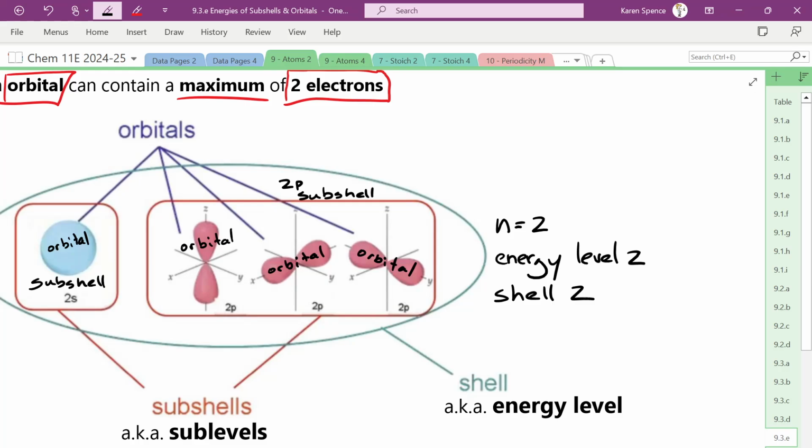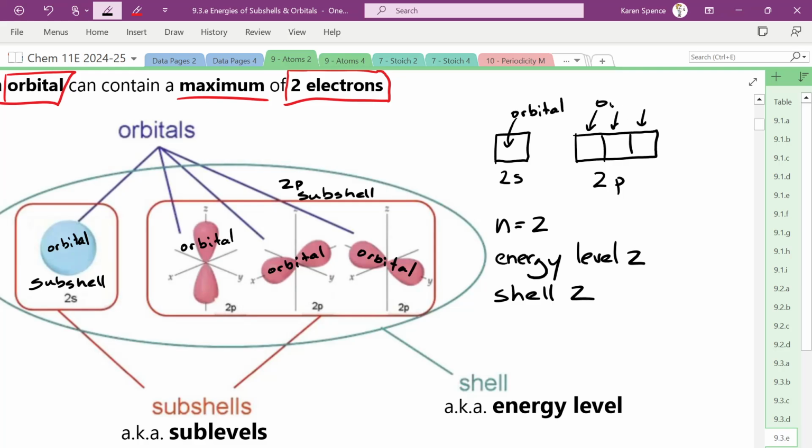And because drawing those gets to be a pain, we can substitute that by drawing the 2s orbital, and then we can draw the 3 2p orbitals.